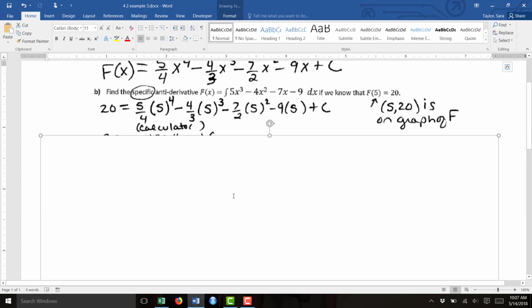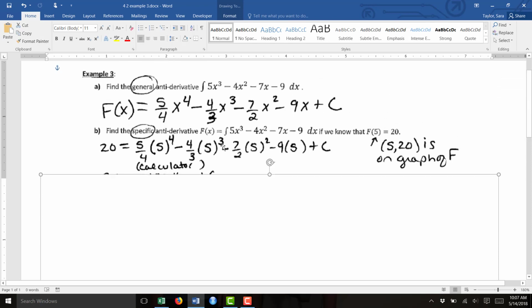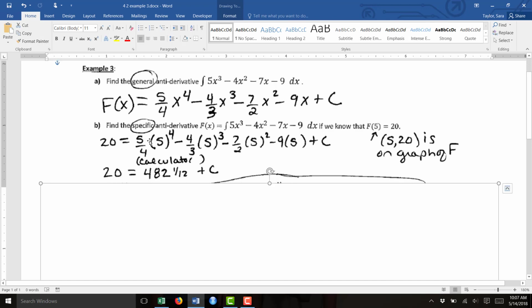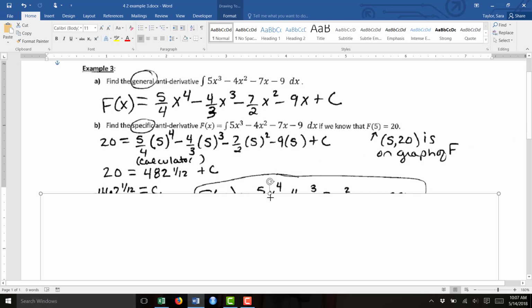So I take that general antiderivative, plug in x is 5, y is 20, pull out my calculator or plug it in Excel. If you pop x equals 5 into that right side, you'll get 482.112. And that's 20 equals 482 and 1/12 plus c. Subtract on both sides to solve for c.